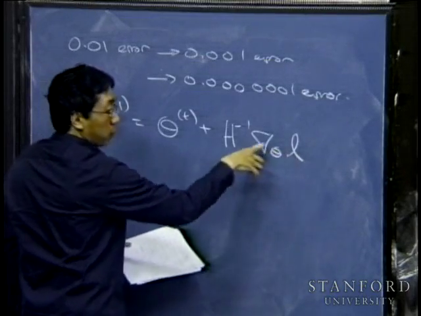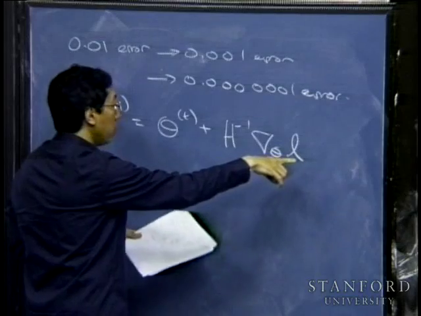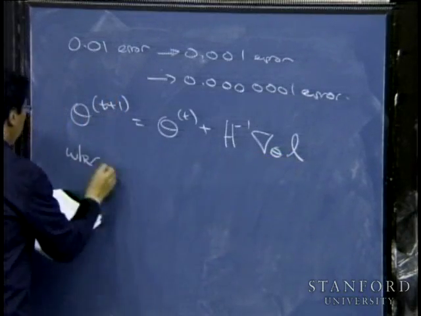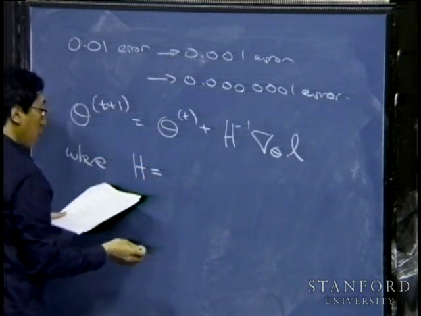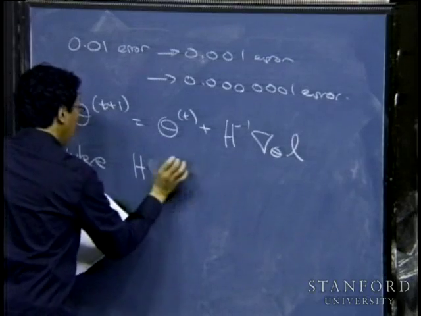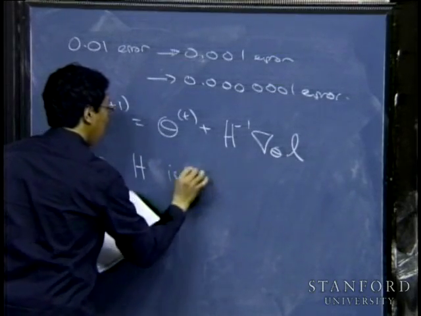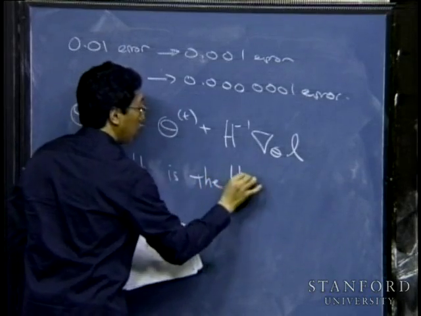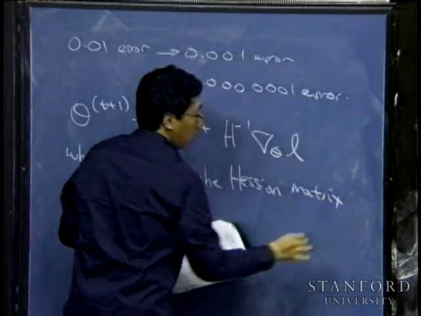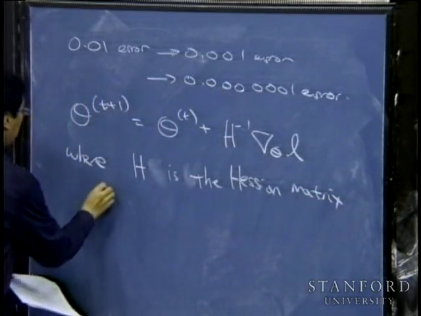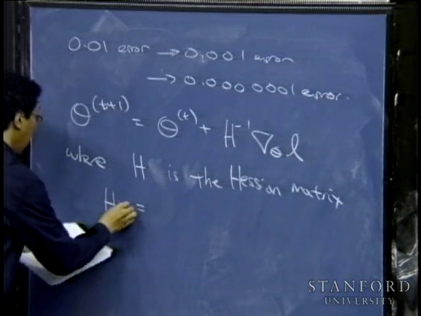this is the usual gradient of your objective, and H here is a matrix called the Hessian. This is just the matrix of second derivatives, where Hij equals.